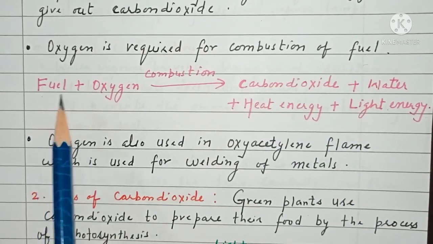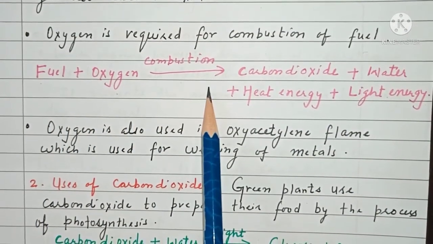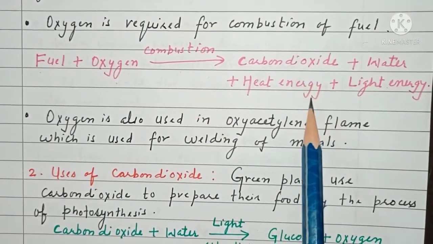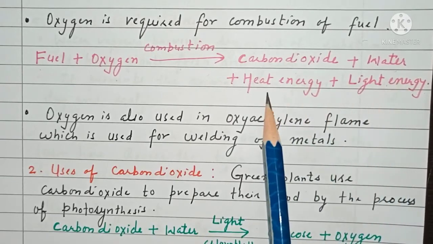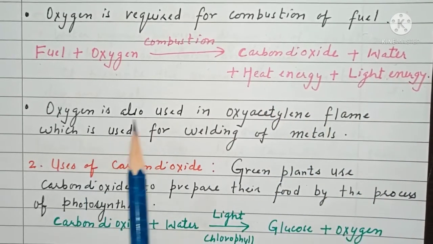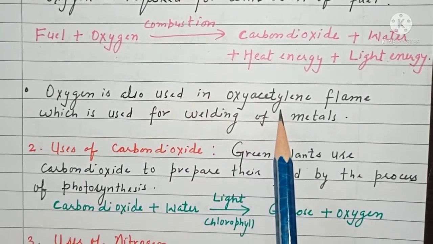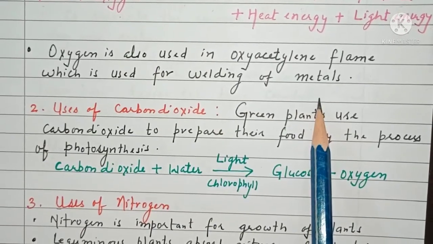So fuel plus oxygen, this is combustion. And when this process takes place, what is evolved is carbon dioxide plus water plus heat energy plus light energy. And oxygen is also used in the oxyacetylene flame, which is used for welding of metals.